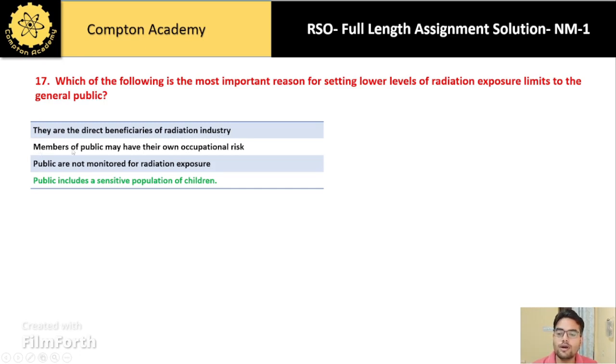Members of the public may have their own occupational risk, which is also inappropriate. Public are not monitored for radiation exposure, also not appropriate. The public includes the sensitive population of children. This is the appropriate reason for setting lower radiation dose levels for the general public.